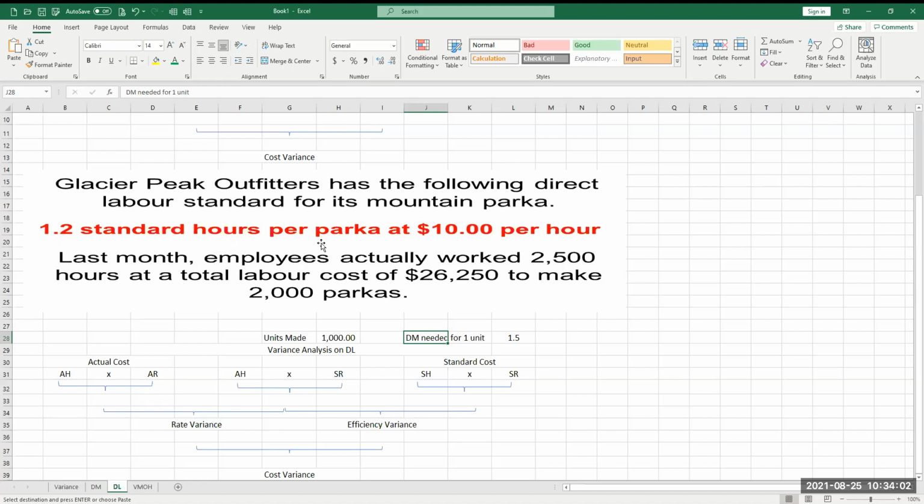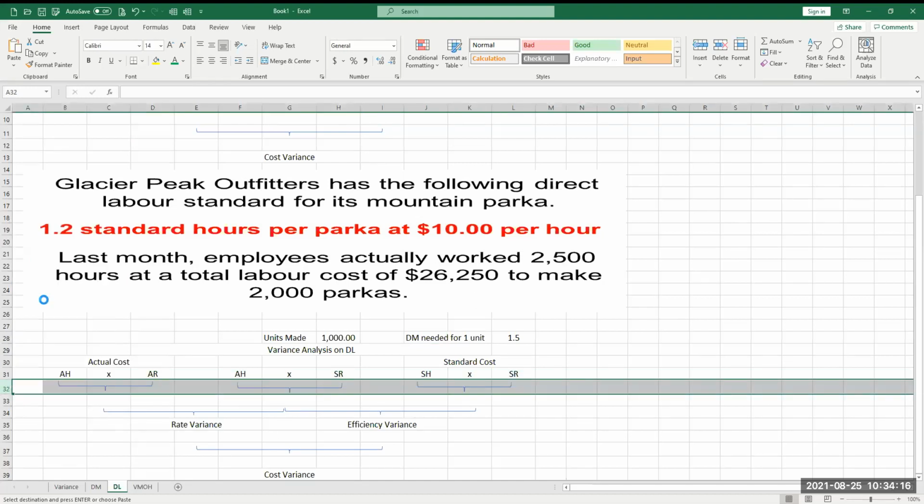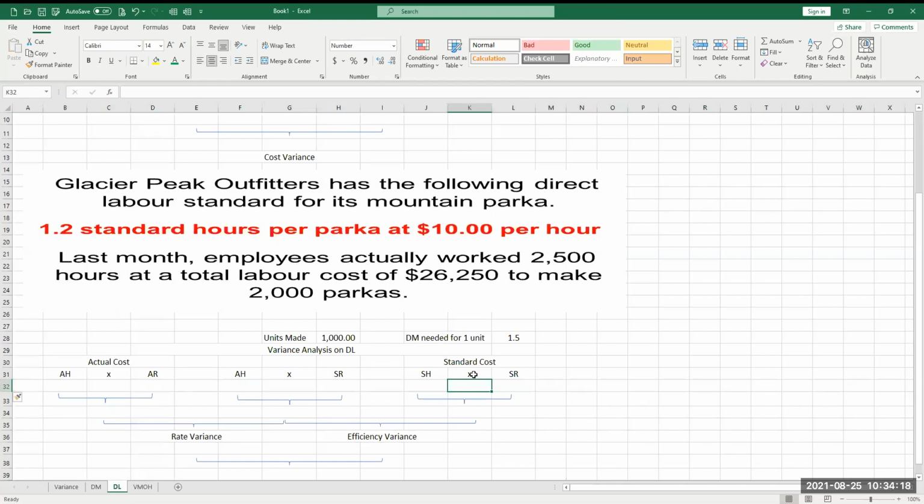1.2 standard hours per parker for 1 unit at $10 per hour. So what do I know from here? Do I know my standard rate that I'm paying per hour? Yes. How much is my standard rate? $10. My standard rate is $10, and here also $10, correct?